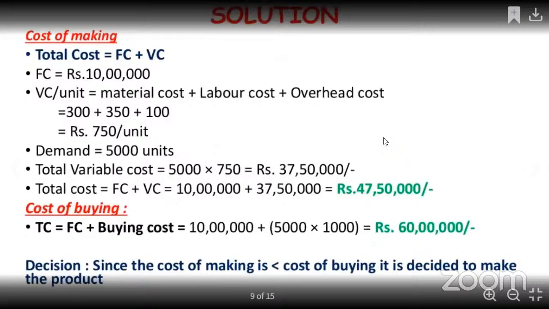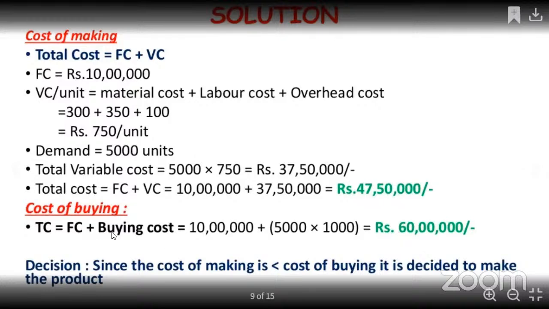So the solution: total cost is equal to fixed cost plus variable cost. The variable cost is 750 per unit, so for 5,000 units into 750, it is 37 lakh 50,000. The fixed cost is 10 lakh rupees. The total cost, fixed cost plus variable cost, is 10 lakh plus 37 lakh 50,000, which is 47 lakh 50,000.